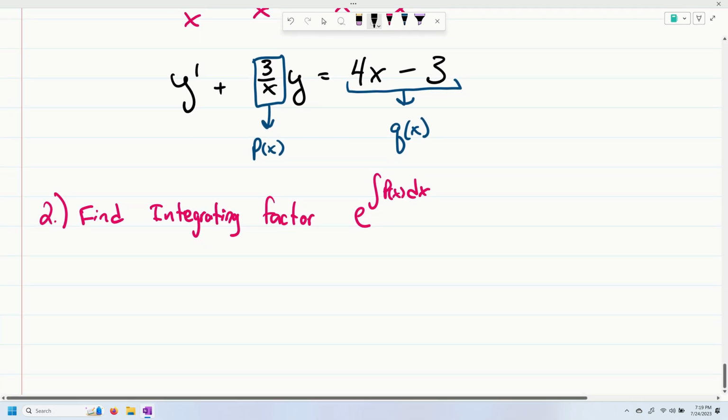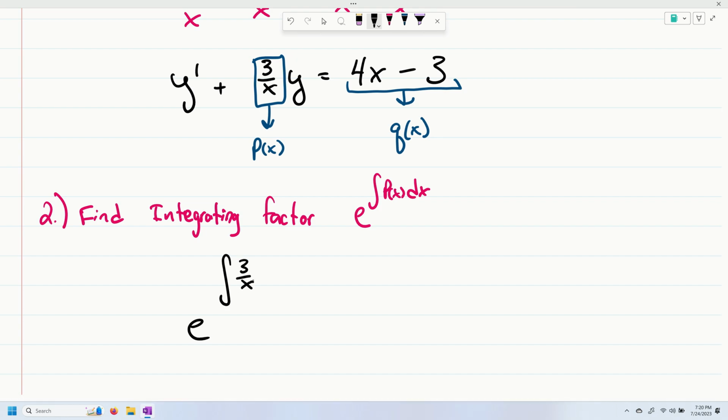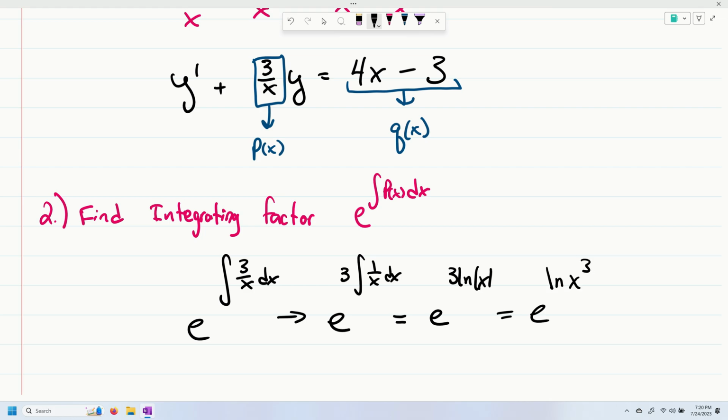So for us, it's going to be e to the integral of 3 over x dx, which I'll rewrite as e to the 3 times the integral of 1 over x dx, pull the constant out front. The integral of 1 over x is the natural log of x. Apply my properties. I'm going to get e to the ln of x to the third. And that reduces all the way down into just x to the third.